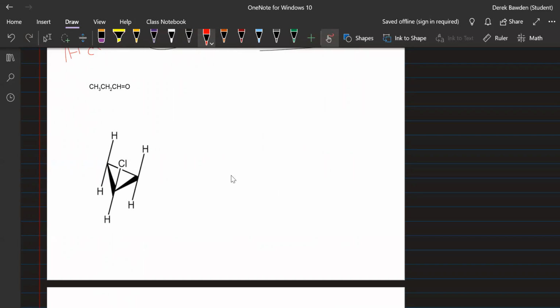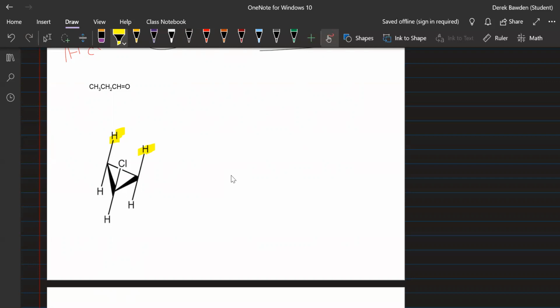With rings, you just got to be very careful with your hydrogens here, which ones are the same and which ones are different. We're going to ignore the graph on this one. I just wanted to talk about how you determine which ones are which. So I'm going to color code each of these. The chlorine is on the front carbon, and these two hydrogens are going to be identical because they're in the same proximity to the chlorine.